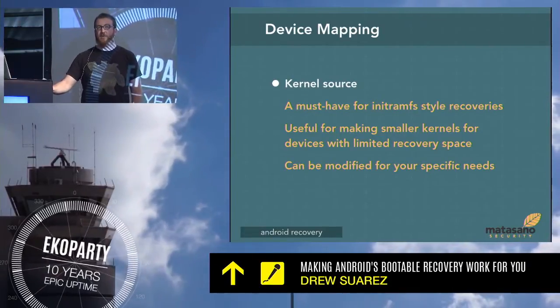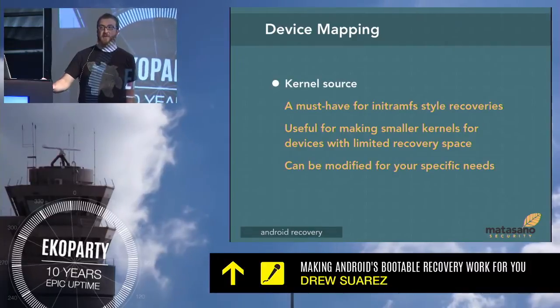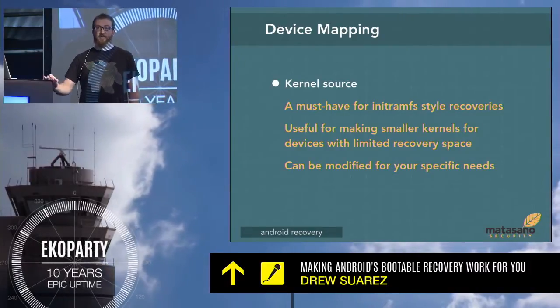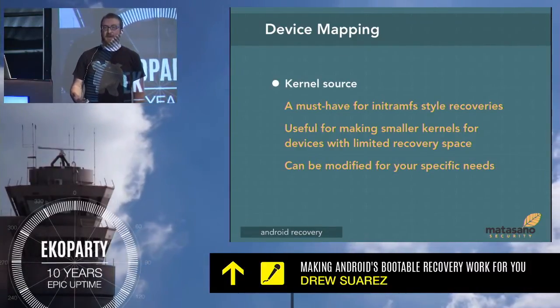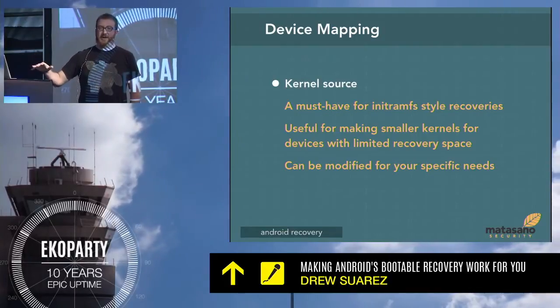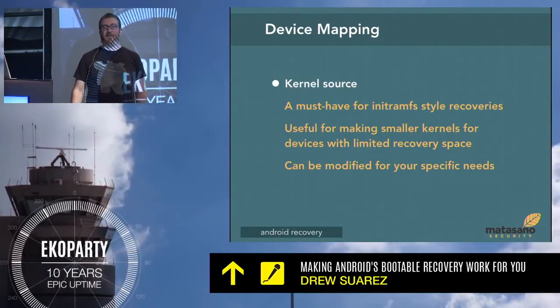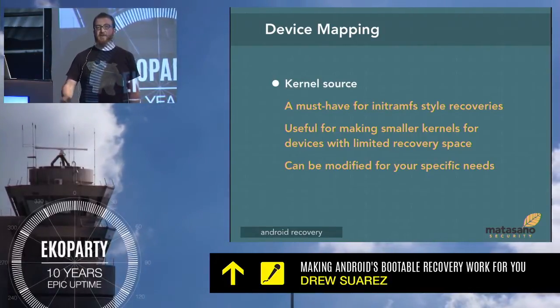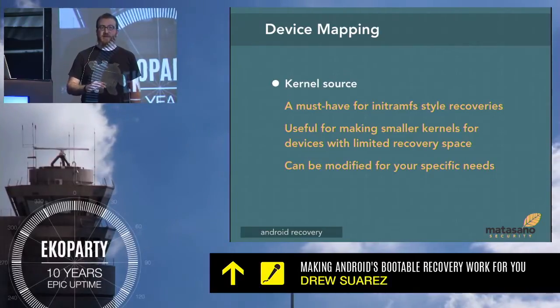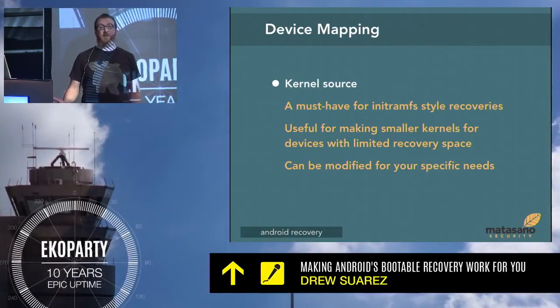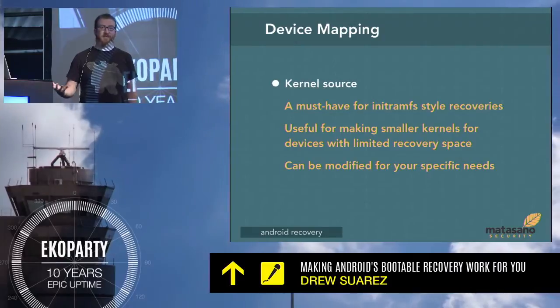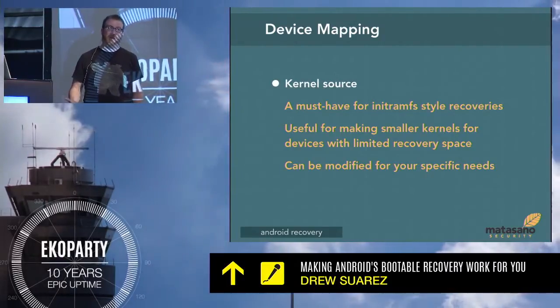Especially on older devices that have very little space for recovery, as low as 5 megabytes sometimes, you can clean out the kernel defconfig to make your outputted zImage much smaller, to cut out things that are completely useless to you in recovery, like wireless drivers, for example. You don't need those.